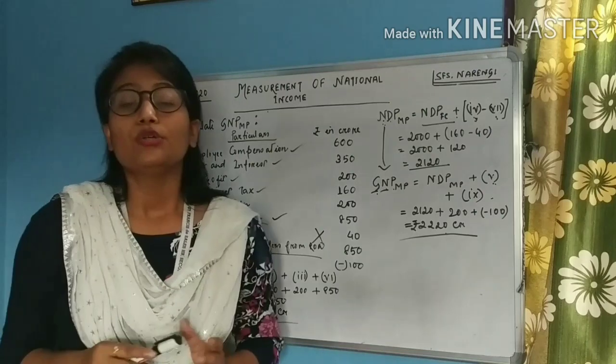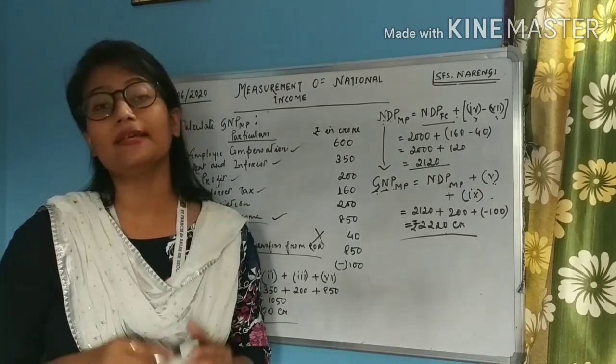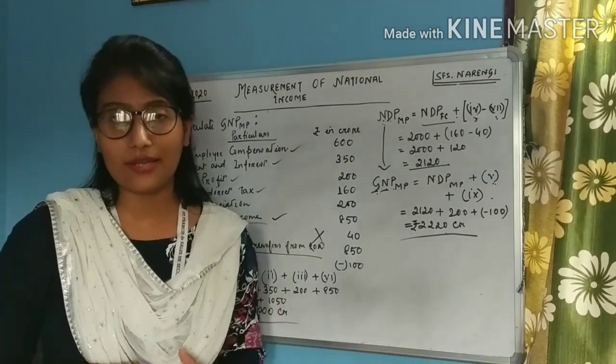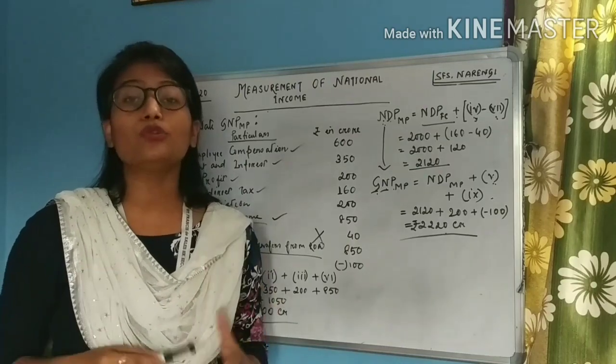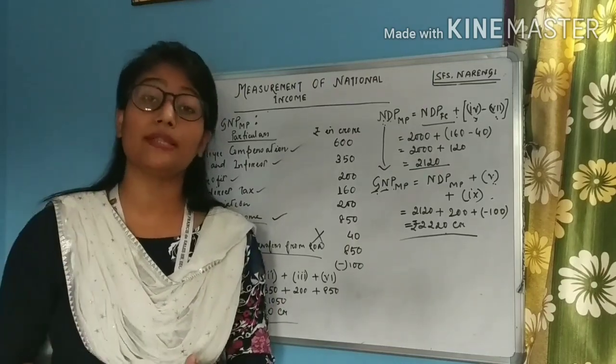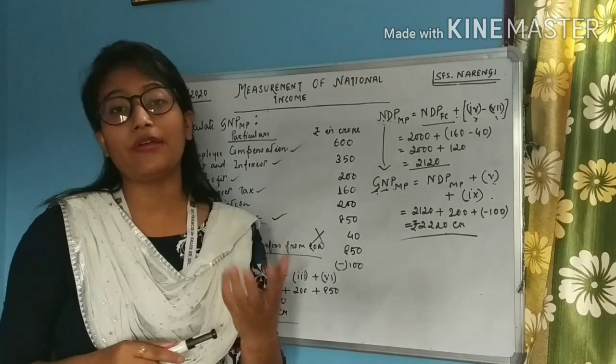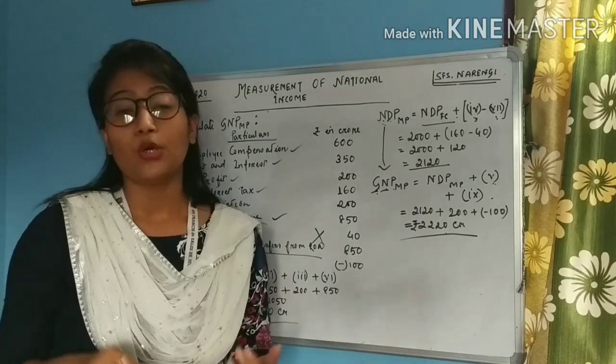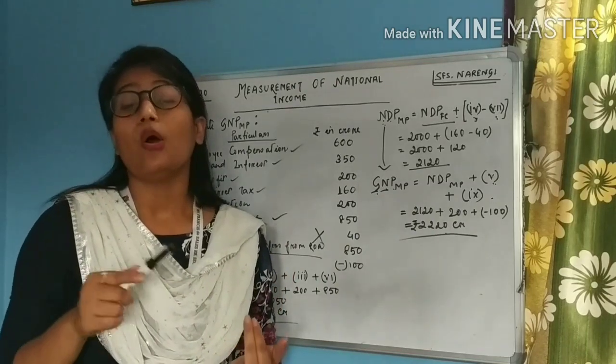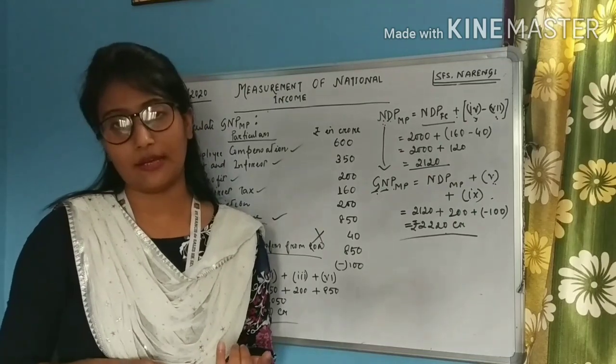Okay. So students, today we have discussed the income method of calculating national income. So how to calculate national income using the income method? By summing up the various components of factor income: compensation of employees, operating surplus, and mixed income.